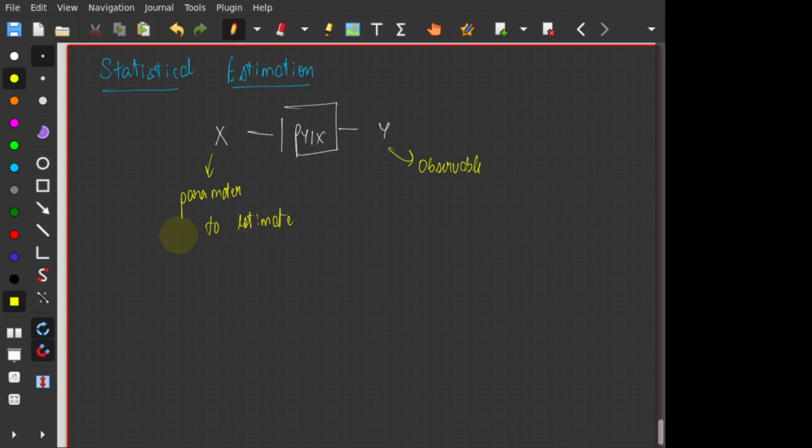But one key assumption that we will make throughout is that we know this relationship between x and y. So Py given x is given to us.